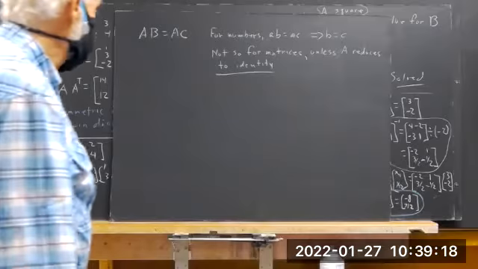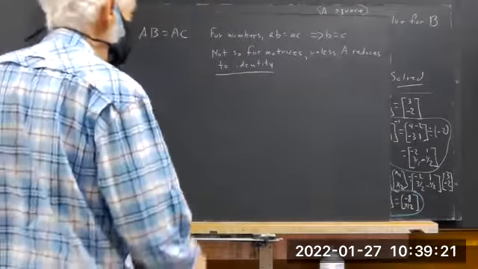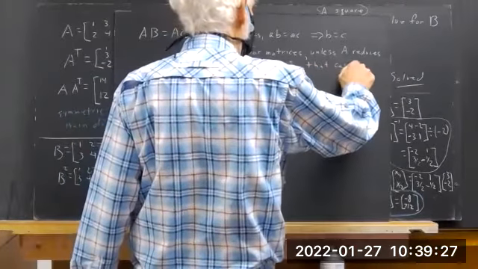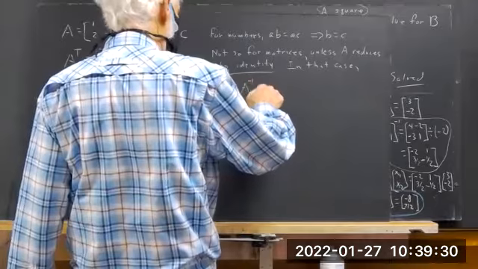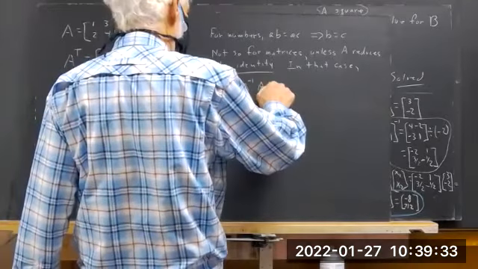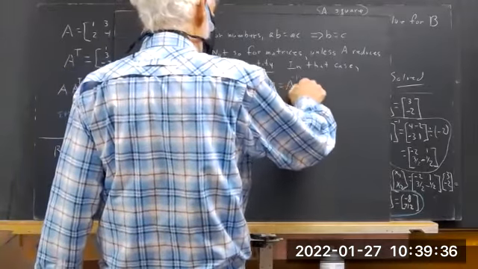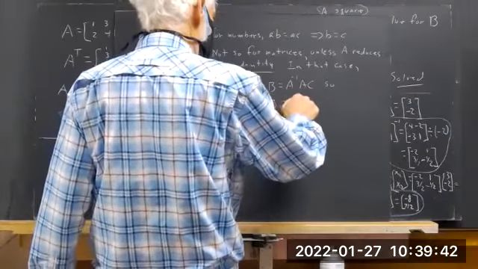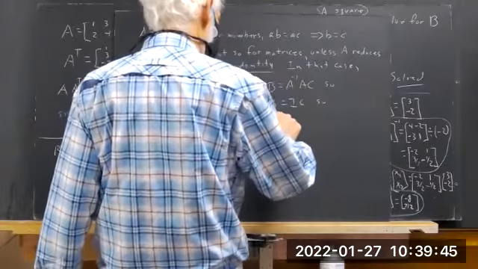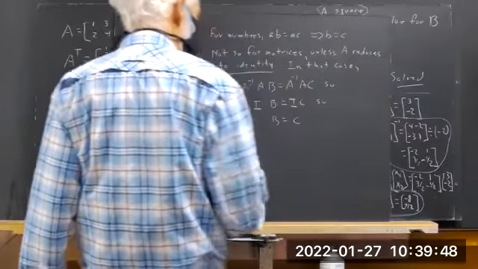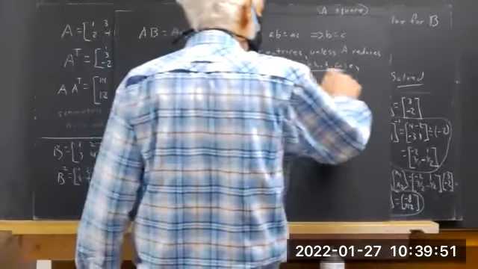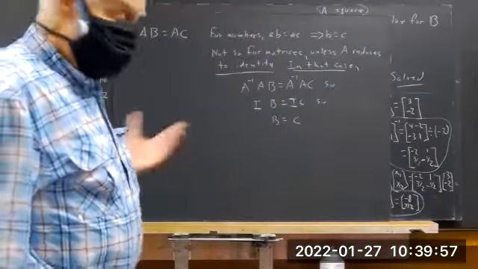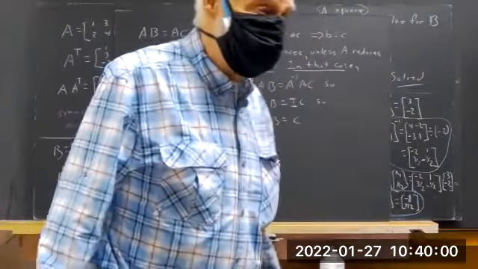In which case, in that case, you can invert A. If A reduces to the identity, then the process we just saw gives you the inverse matrix, right?